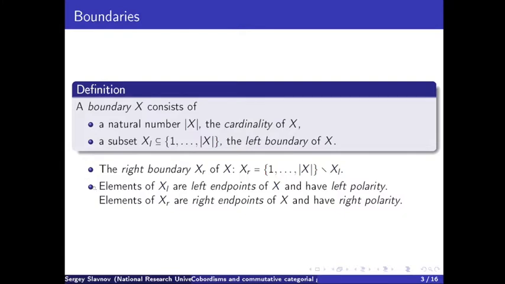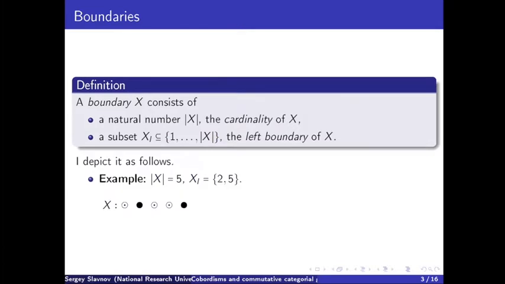So elements of the left boundary are left endpoints, and the elements of the right boundary are right endpoints, and they have left and right polarity respectively. And here is how I depict these boundaries. So a boundary is essentially a finite totally ordered set, which is subdivided into two parts, the left and the right sub-boundaries. Here is a boundary with 5 points, and 2 of them are left endpoints, and I denote them as solid, thick dots, and this is the information about the boundaries in the picture.